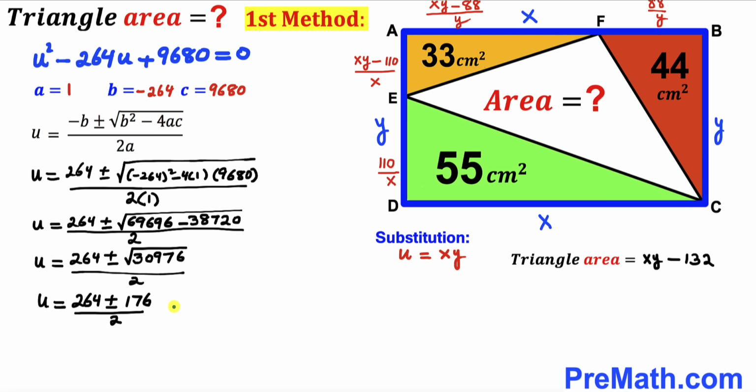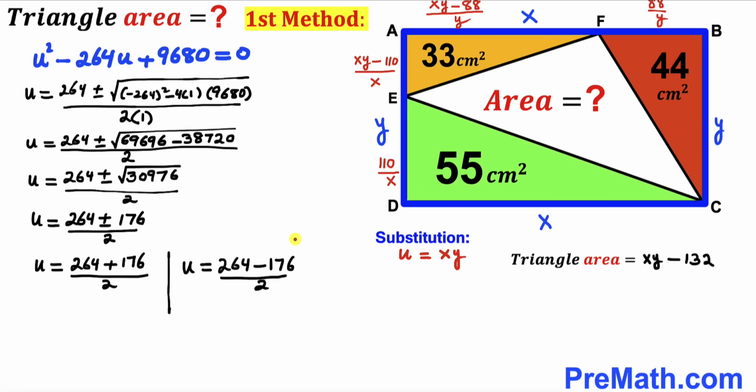And once we simplify, our u value turns out to be 264 plus or minus 176 all over 2. And now I'm going to split positive and negative signs, as you can see in this next step, one with the plus sign and the other one with the negative sign. So let's focus on this first equation.